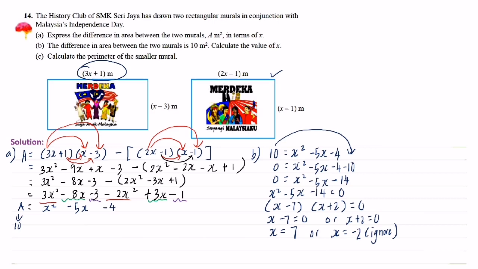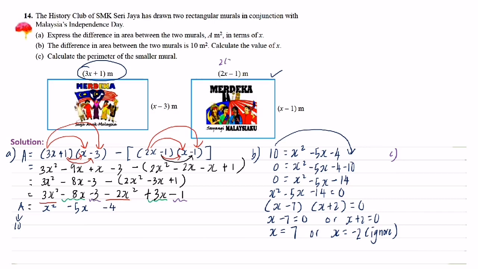Okay, now calculate the perimeter of the smaller mirror. So we know the second mirror is smaller. So we find the perimeter of second mirror. Okay, so we know that S equals 7.